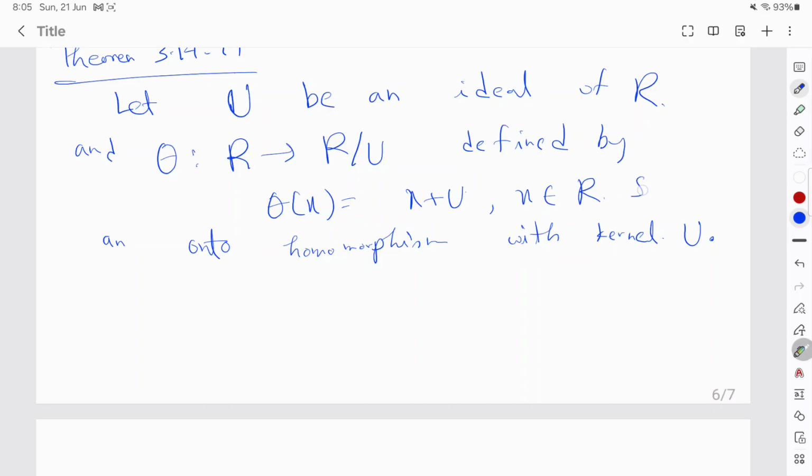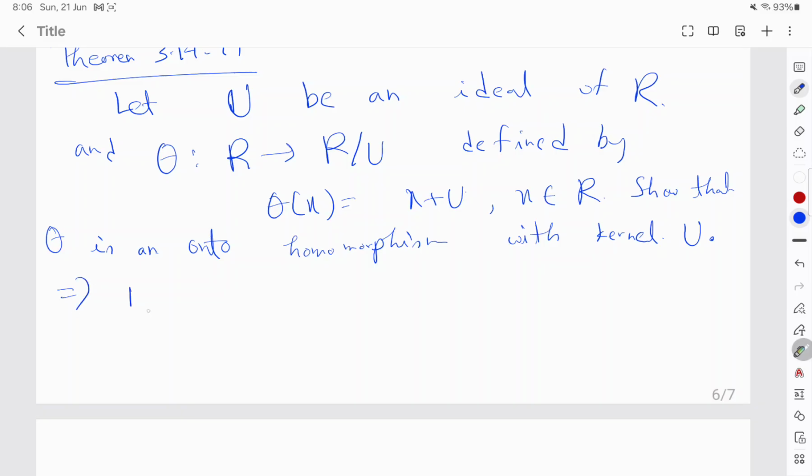So this you have to prove, basically, so that theta is an onto homomorphism with kernel U. How to prove it? First you have to show homomorphism, then you have to show that the kernel of theta will be your U. For proving homomorphism, you just show that theta of x plus y equals theta x plus theta y, and theta of xy is equal to theta x into theta y. That's it, right?